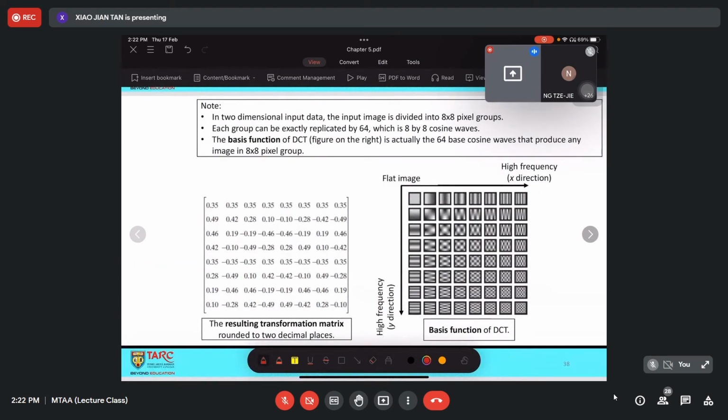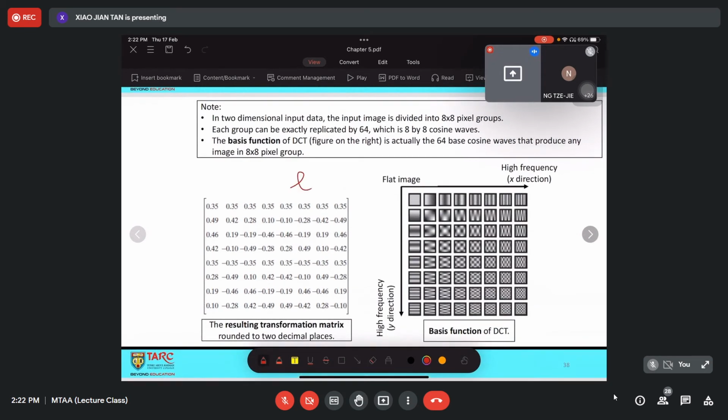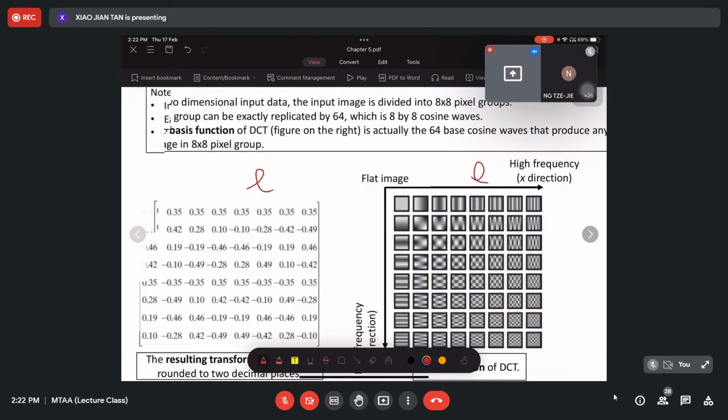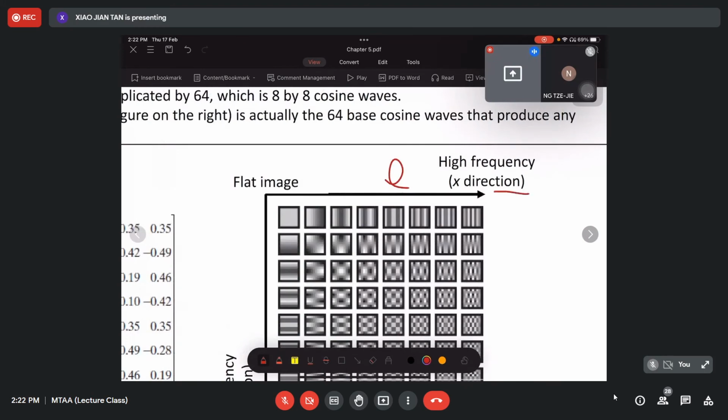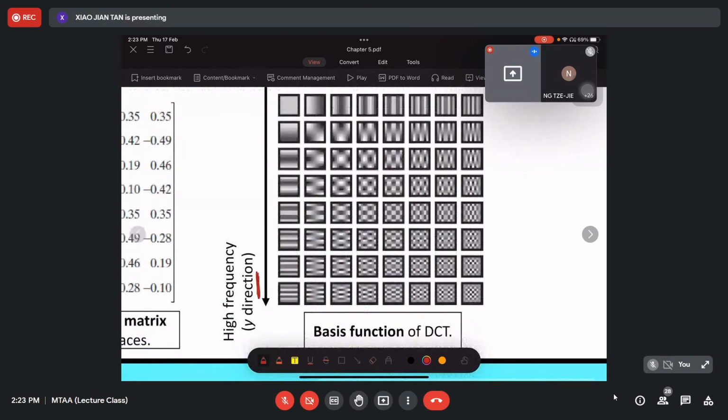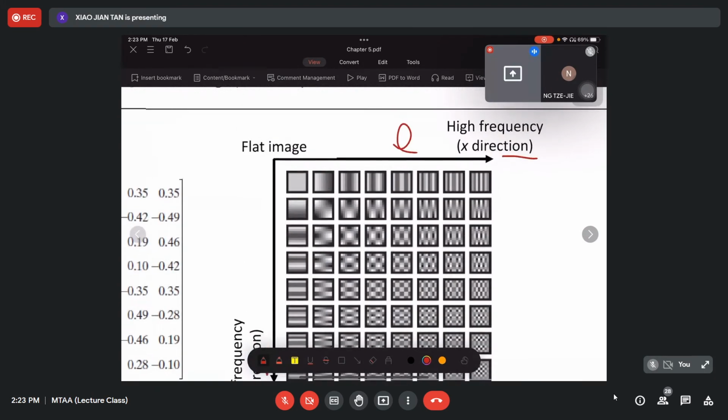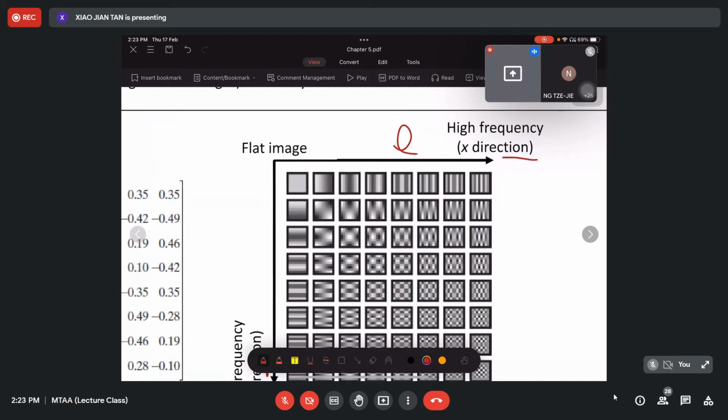So this is the resulting transformation matrix rounded to 2 decimal places, and this is what the DCT looks like. This is towards the x direction, and this is towards the y direction. The first image is actually a flat image, which means there is no change.